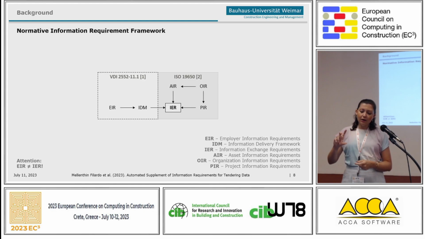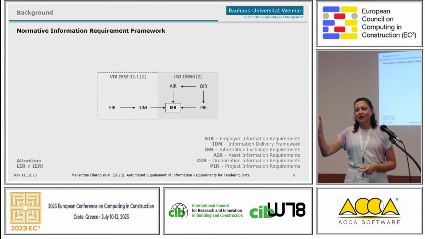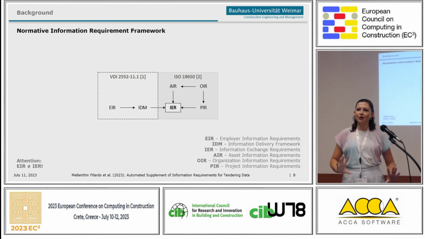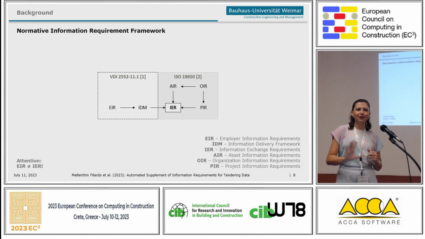And then from that we would create, in ISO 19650, what is called exchange information requirements, but because we have two EIRs, they changed the name to IERs to make it less confusing.